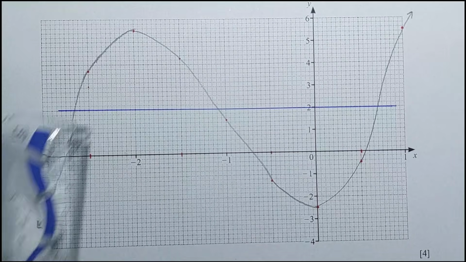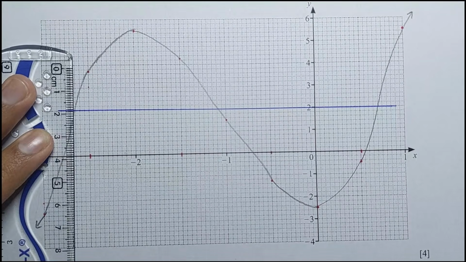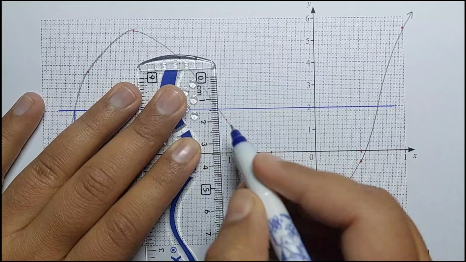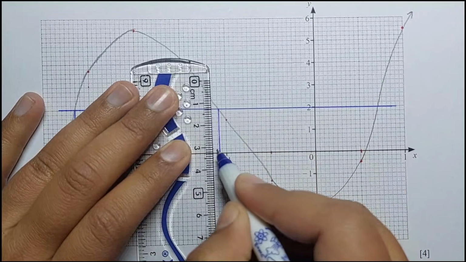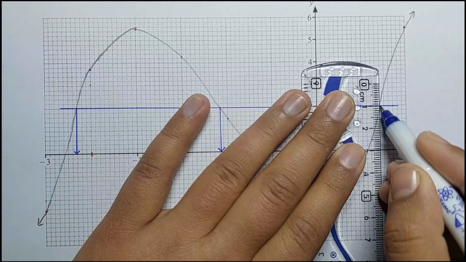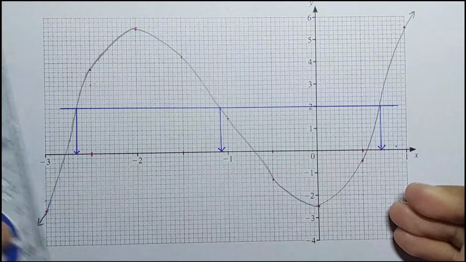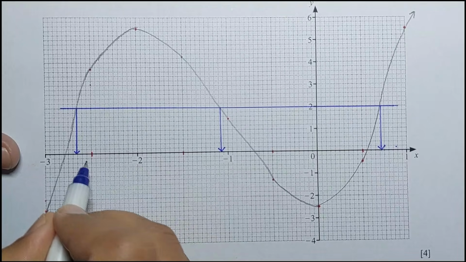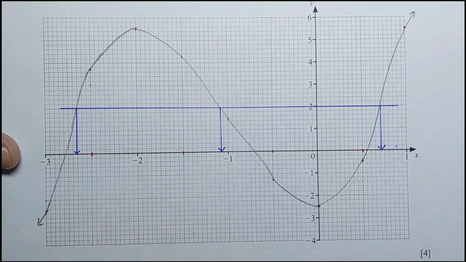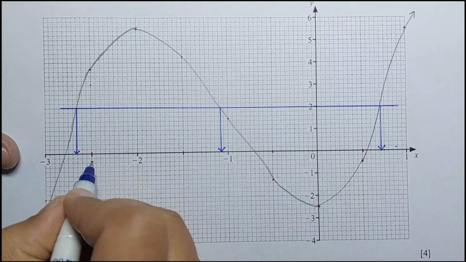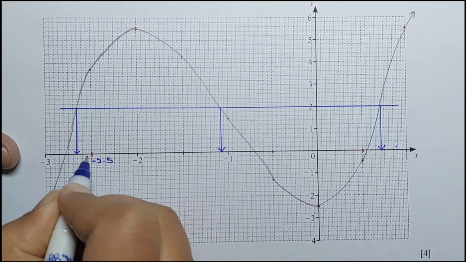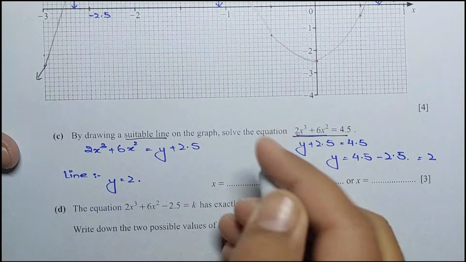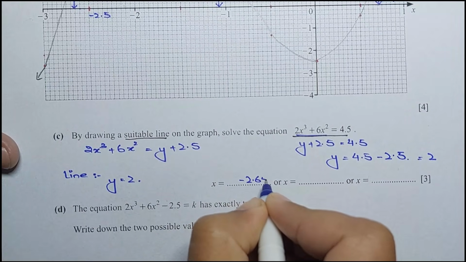All right, so the first solution you can see is this point. The next one, and the third one. Okay, so this solution is 2 minus 2.5. This is negative 2.6, negative 2.65. Negative 2.65 is the solution.